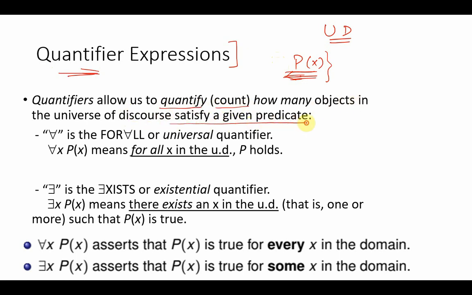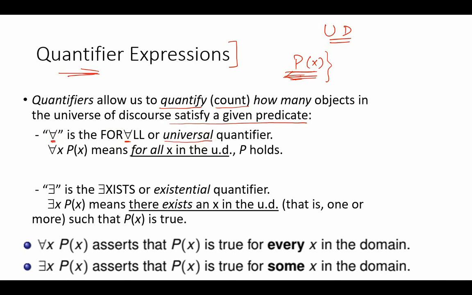There are two types of quantifiers. First is called the universal quantifier, the for all quantifier. This is how you can remember it: it is an A written upside down. Universal means for all.